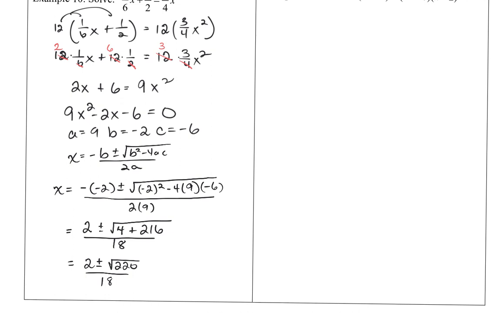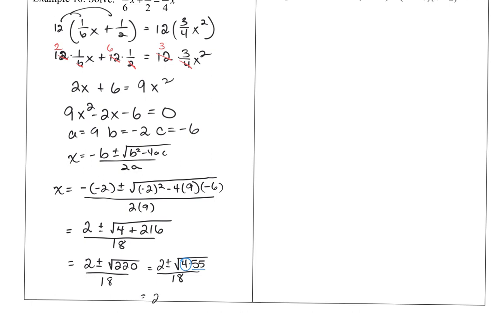Okay. So this is not in simplest form. We're going to need to simplify it. So 220, the largest perfect square that divides it is 4. 4 times 55 divided by 18. And then the square root of 4, right? And then 55 is going to have to stay underneath.